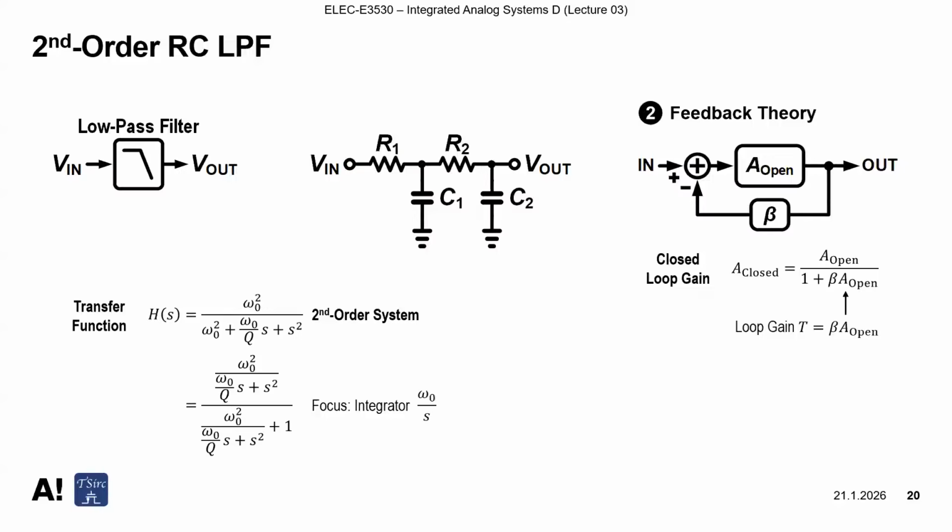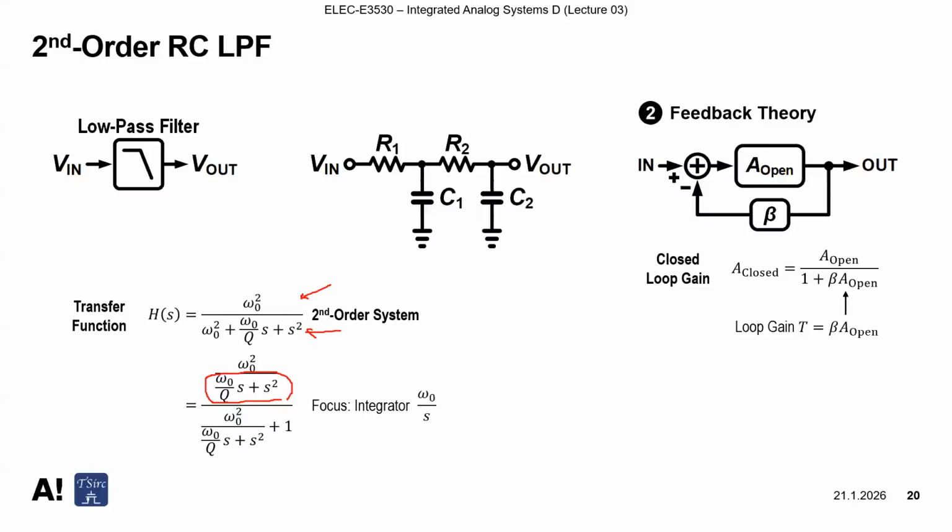It doesn't look like an omega 0 over s formula, so we can divide both the denominator and numerator by this part, omega 0 over Q times s plus s squared.